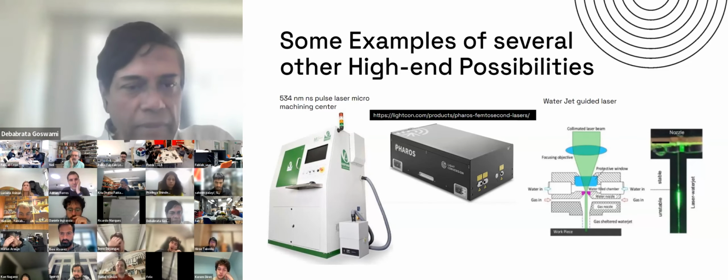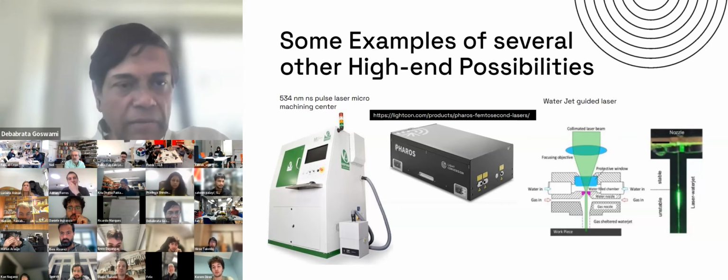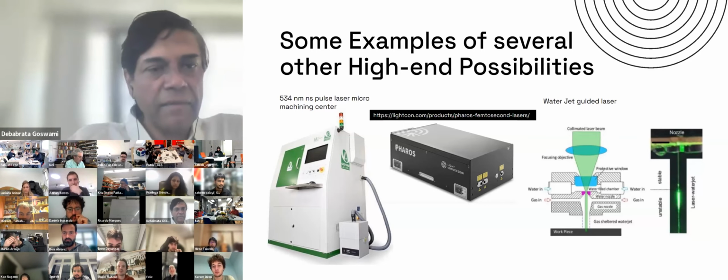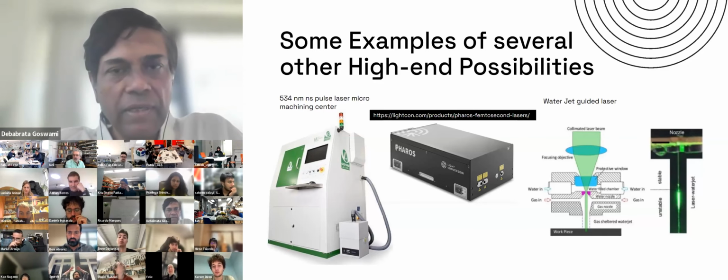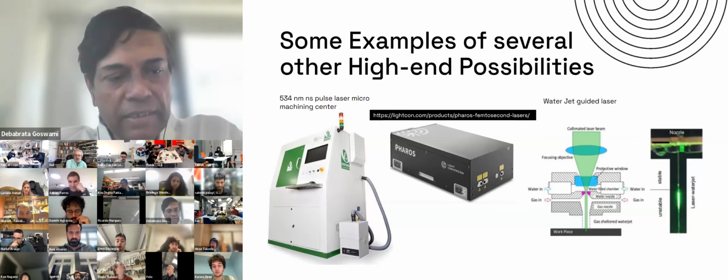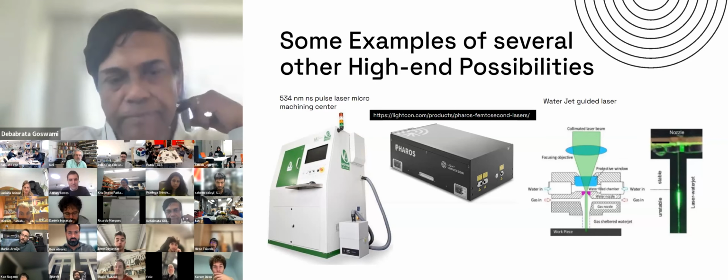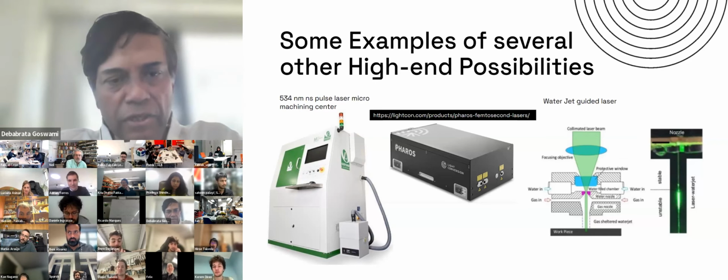Then there are these other two examples that I picked. One of them is the 534 nanometer nanosecond pulse laser micromachining, which is from Oxford, which is a commercial unit, but it has a very good laser system with high precision systems, which can do high-end jobs.